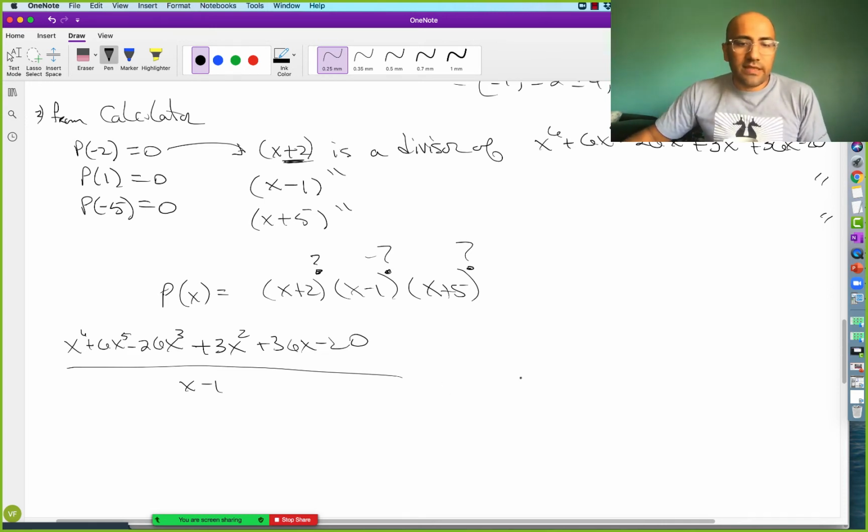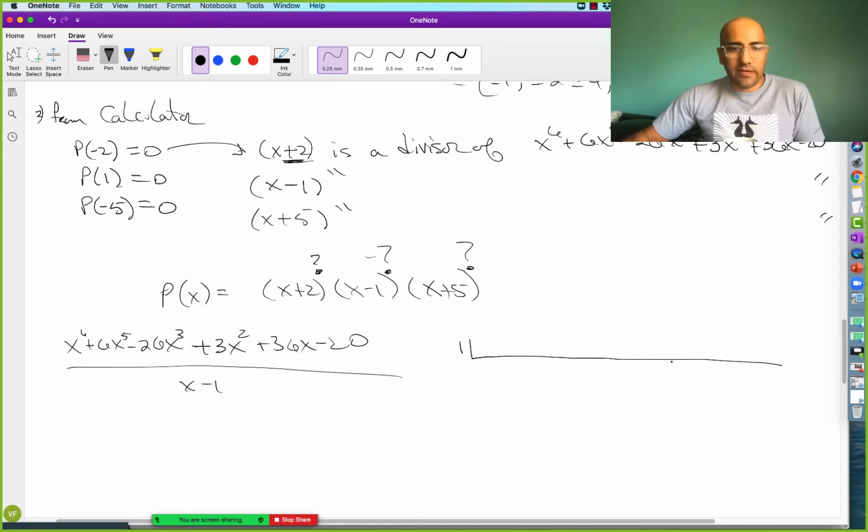So let's use synthetic division. To divide this, 1 goes into synthetic division. Note that all the powers are represented in descending order. 6, 5. Oh, wait a minute, it's missing a 4. So 4 is missing, so we're going to have to introduce a 0 for x to the power of 4 somewhere in there.